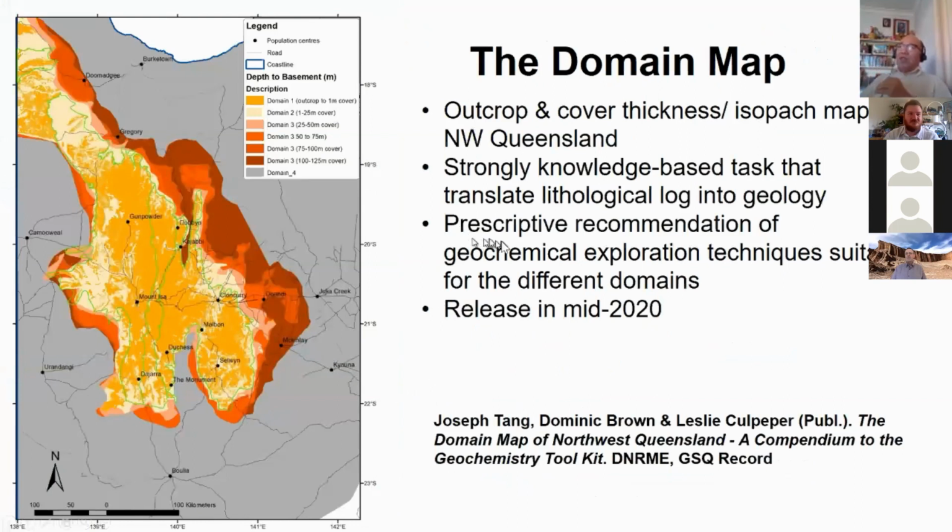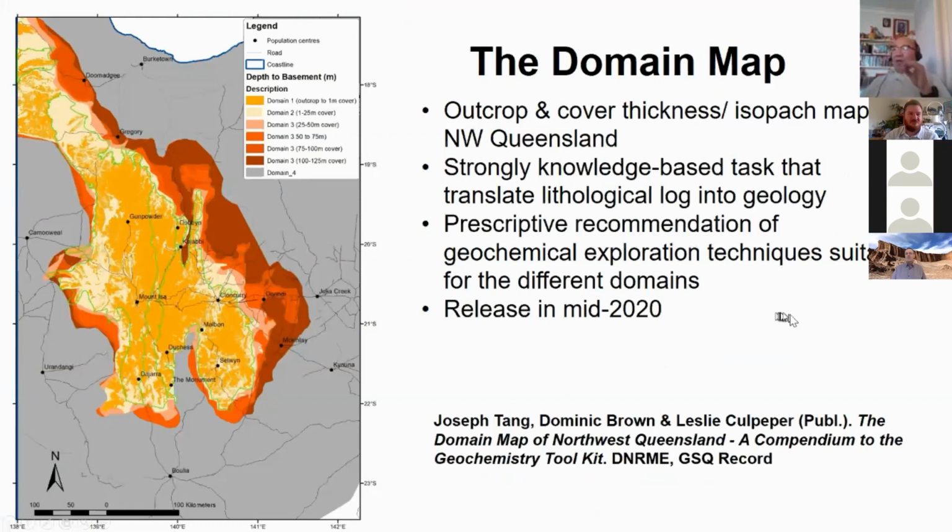Basically, this is an isopach map of sediment cover around the Mount Isa Inlier itself. This isopach map is derived from information submitted by companies through the company reporting system, and therefore we translate the lithologic logs into geology.